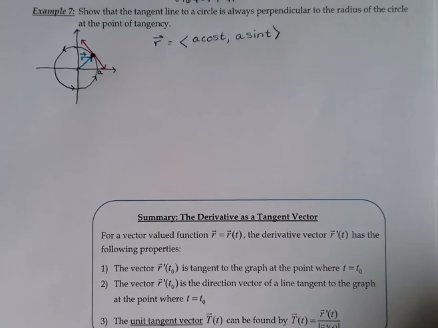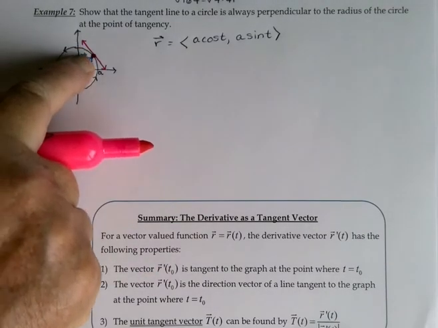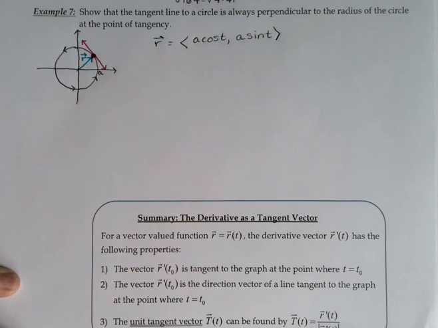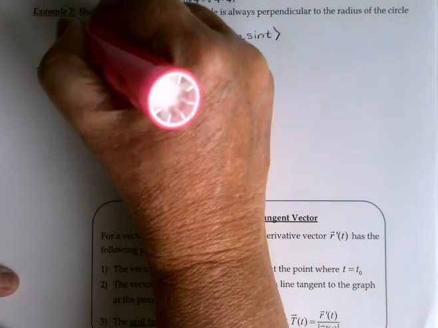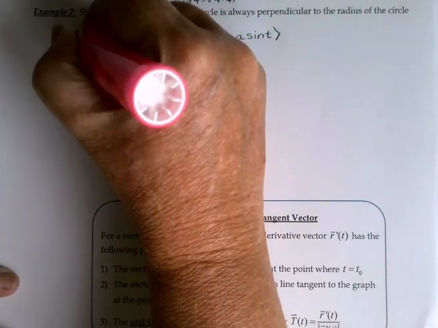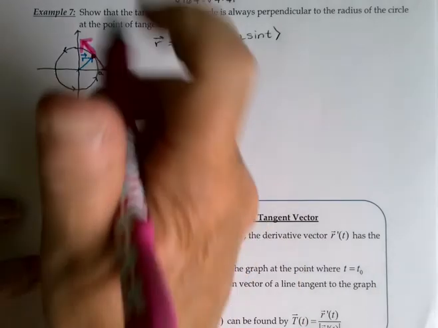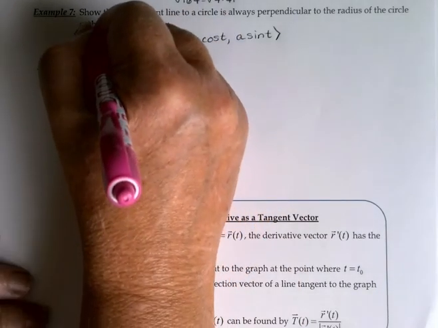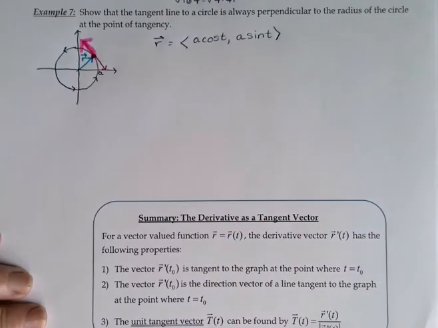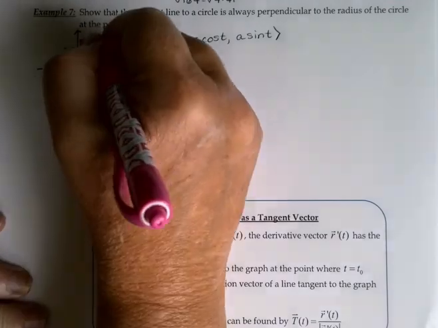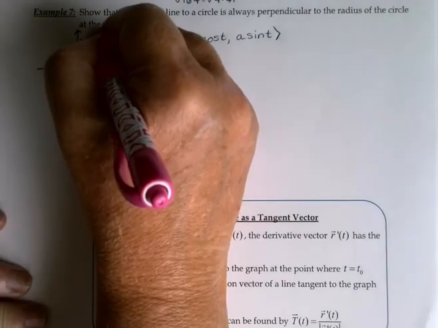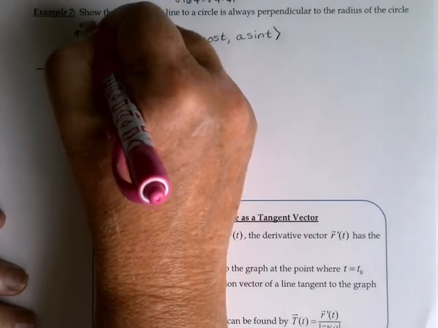All right, I'm going to next say this whole line will be perpendicular to r if just the tangent vector is perpendicular to r. So let's go ahead and concentrate just on the actual tangent vector. Let me just call this v tan.